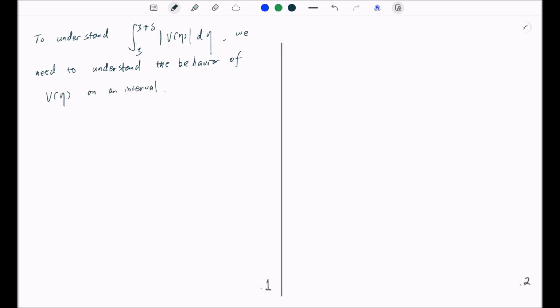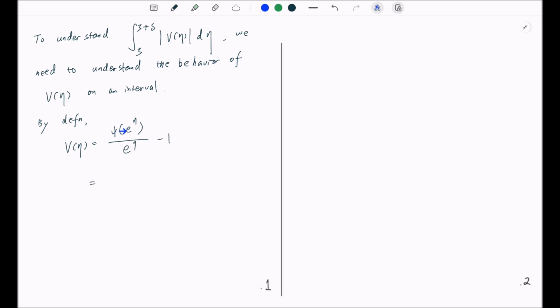Now at this point, let me recall the definition for v of eta. By definition, v of eta is psi of e to the eta divided by e to the eta minus 1.